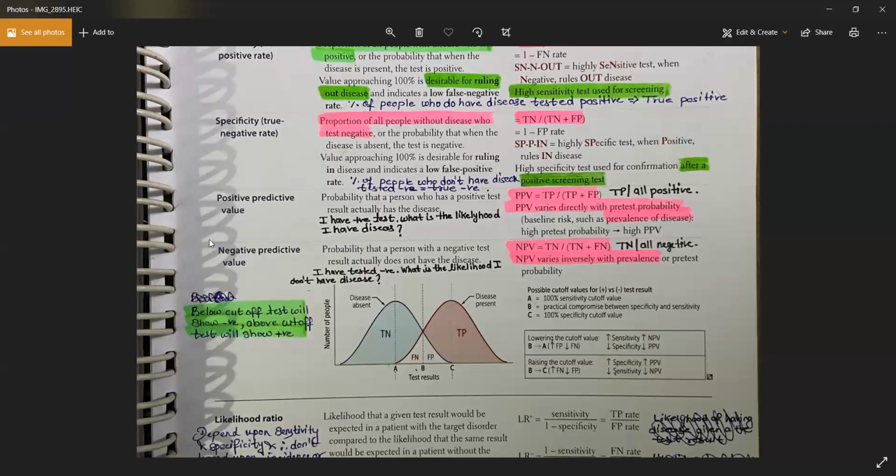Yes. Okay, now comes the negative predictive value. It tells you that when a patient tests negative for a certain disease, what are the chances that the patient actually does not have the disease.